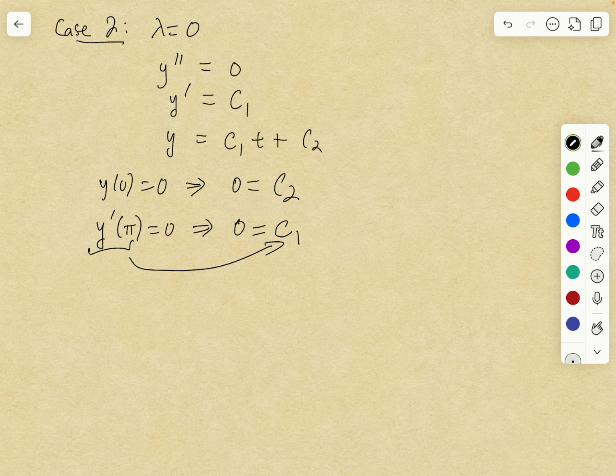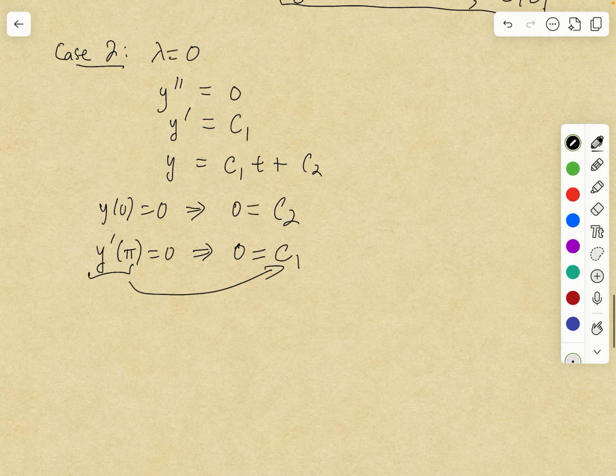So if lambda is 0, then the boundary conditions tell us that C1 and C2 have to both be 0. Well, if C1 and C2 are both 0, and your general solution is C1t plus C2, what does that tell you? If you replace C1 and C2 by 0, you just get y equals 0.